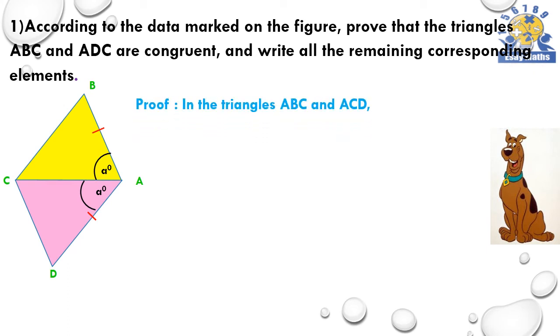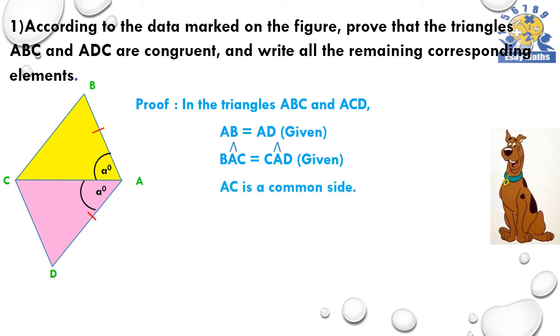Proof: in the triangles ABC and ACD, the side AB is equal to the side AD, and the reason is given. Angle BAC is equal to the angle CAD, and the reason is given. And it's very clear the side AC is a common side.